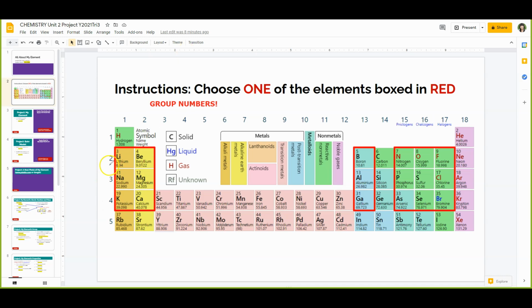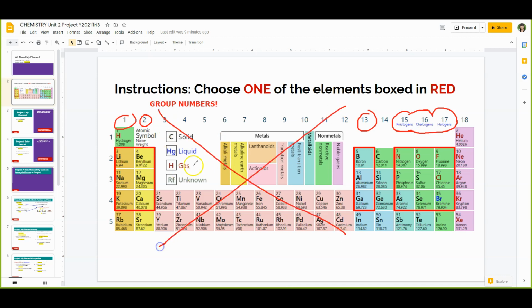So you can see here that we have group number 1, 2. You could be in group 13, 15, 16, or 17. Those are the only groups that we're allowed to have. You won't have any groups in 3 through 12 or group 14 or group 18. So again, just look at where yours falls and then look at the top, and that'll tell you what group number it is in.